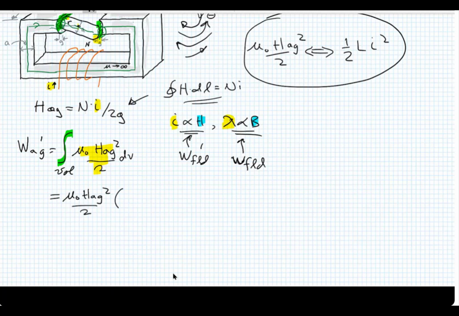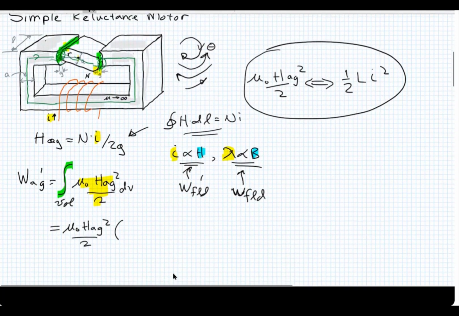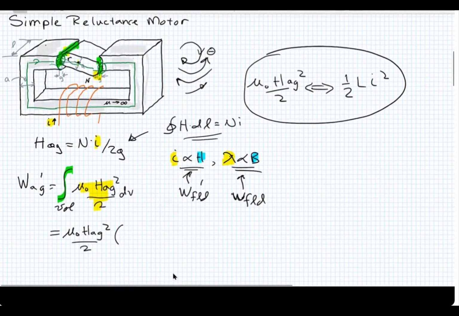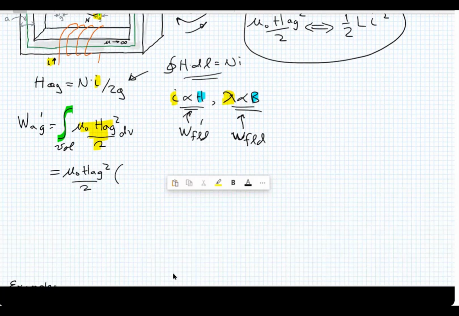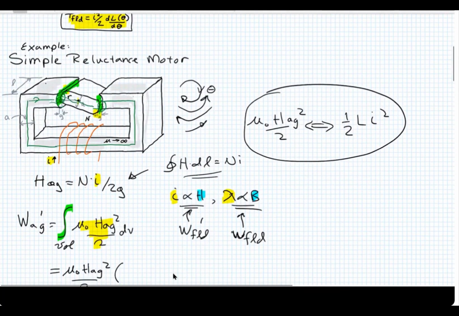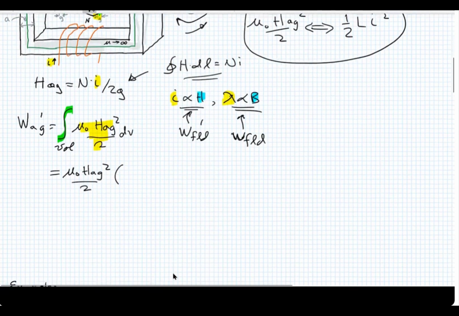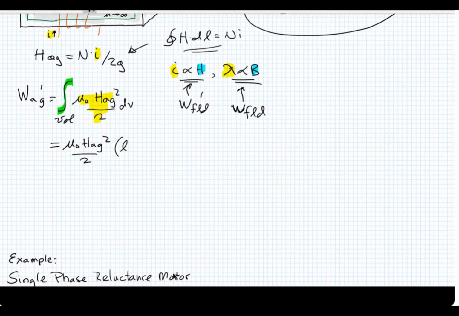I'm using a little bit different symbols than the textbook has, but what I have is the length of everything that's in the gap is L. So I have L, that's part of my volume.